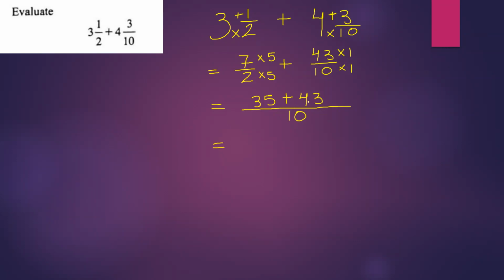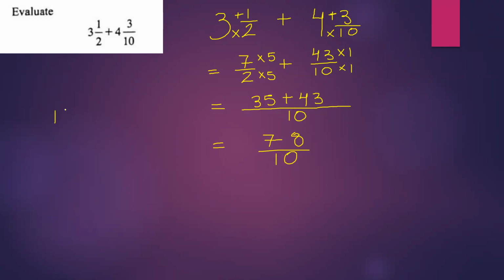35 plus 43 is what? 78. Very good. So we have 78 over 10. Are we done yet?